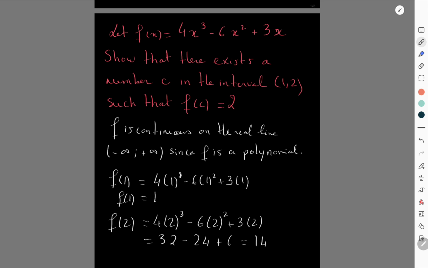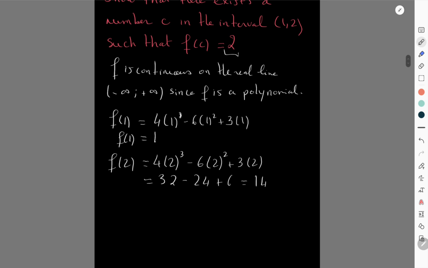Well, now that I have f(1) and f(2), the question here is: does 2 lie in between f(1) and f(2)? And the answer is yes. So f(1) is smaller than 2. And f(2) is bigger than 2.